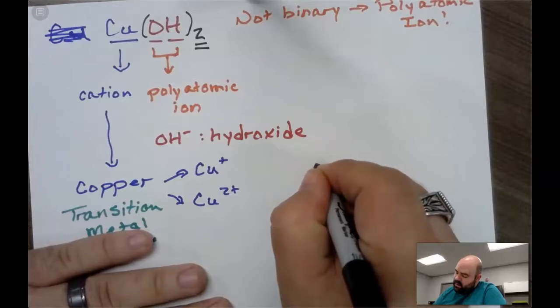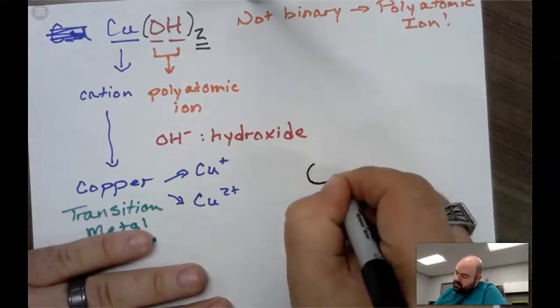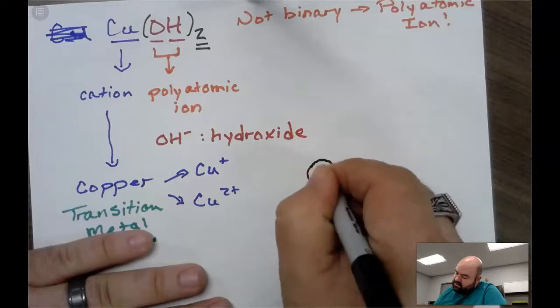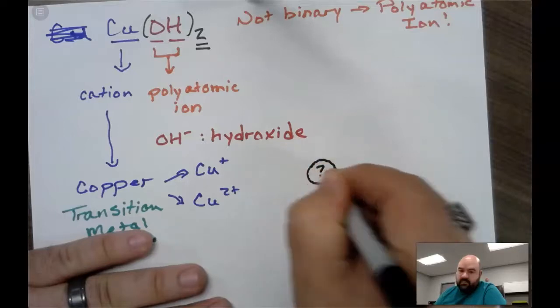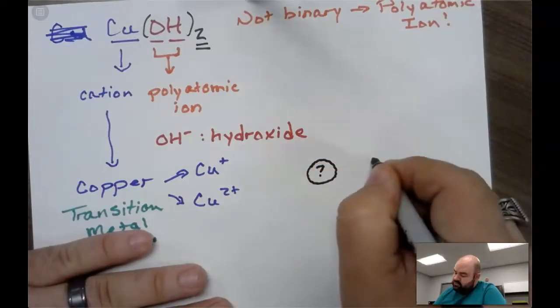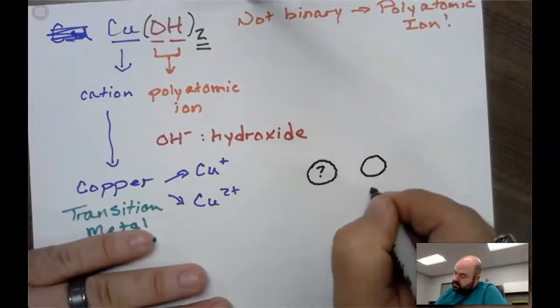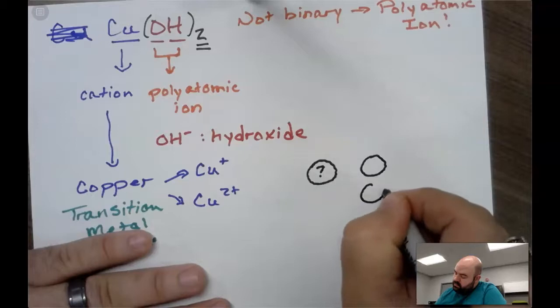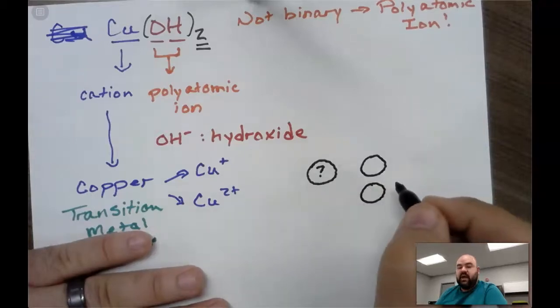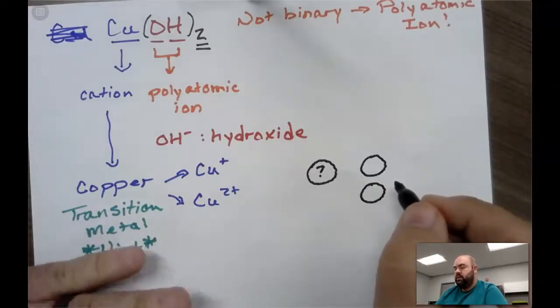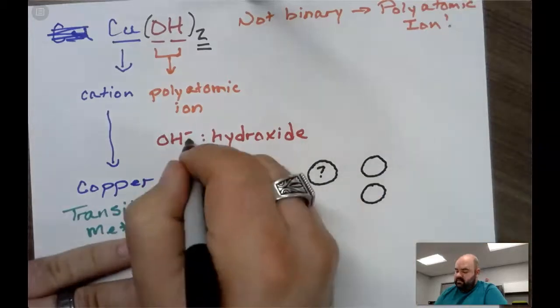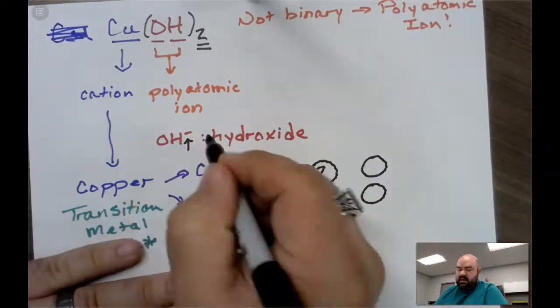I've got one copper, which has an unknown charge. I have two hydroxides, and I know from my polyatomic ion memorization, my chart, however I learned it, that it has a -1 charge.